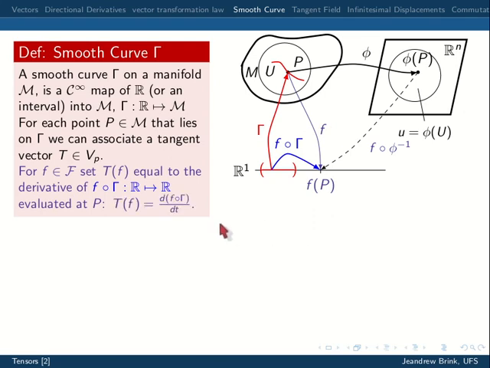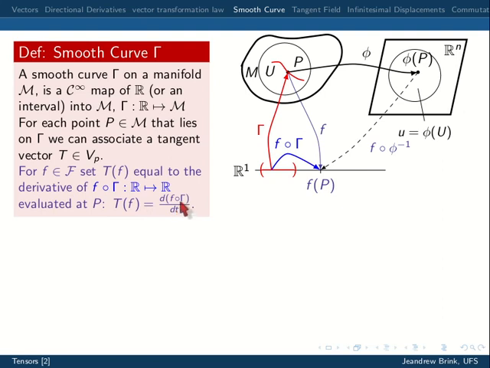Okay, so the tangent vector associated with the curve is a vector, so it's applied to the function f, and its value is simply the derivative of this combined function.